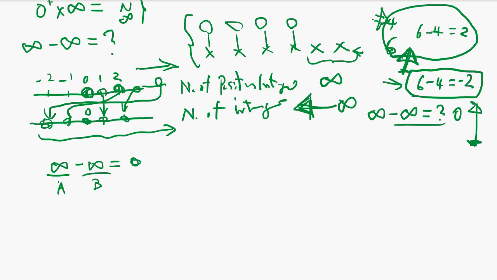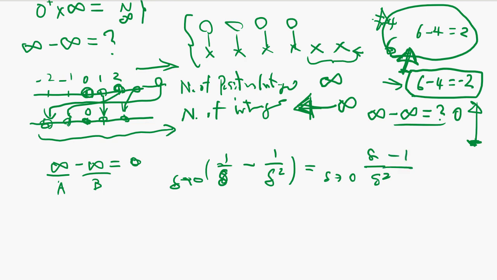So what do you do? For example, 1 over delta minus delta square, and delta goes to 0. What do you do? Then as delta goes to 0, it becomes delta square times delta minus 1, right?